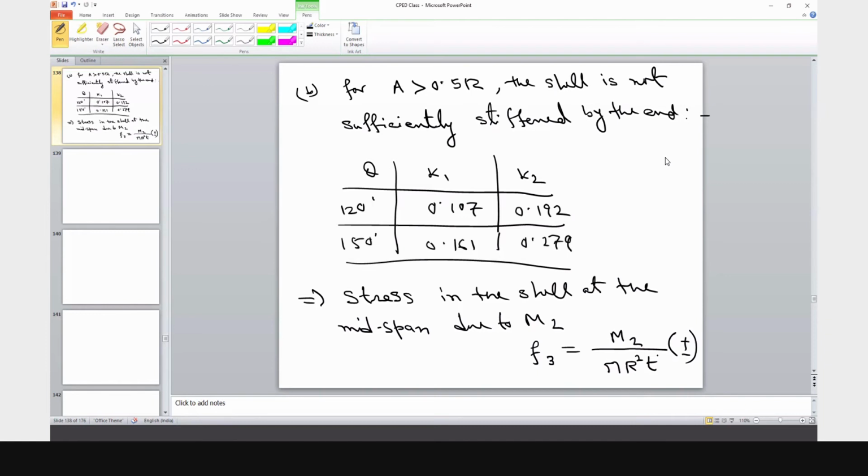For the topmost it is tensile, for the bottommost it is compressive. Now this t thickness we have used in this stress formula is without corrosion allowances.